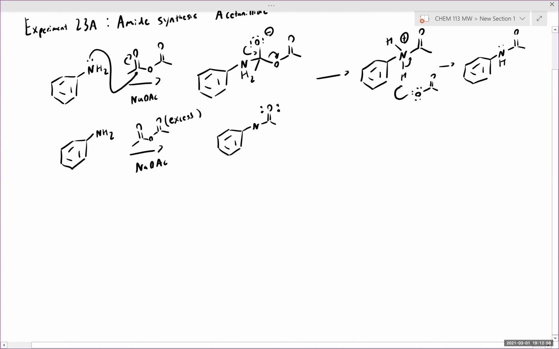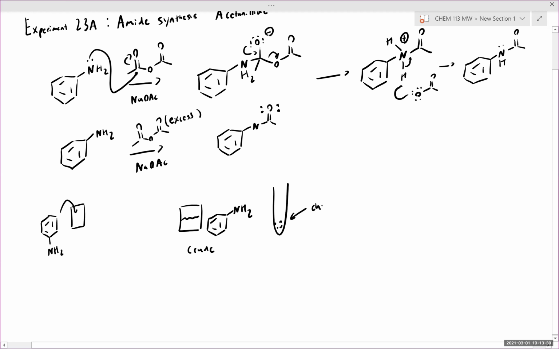So when we run our reaction, we have our reaction mixture. Let's talk a little bit about the aniline for a moment. When we take our crude reactant aniline, we often like to clean it up, and the way that we're going to do that in this case is via treatment with charcoal.